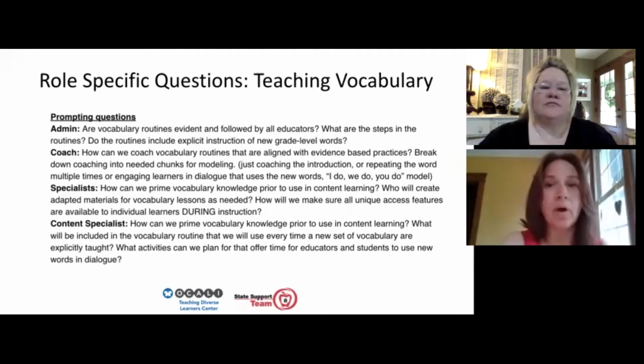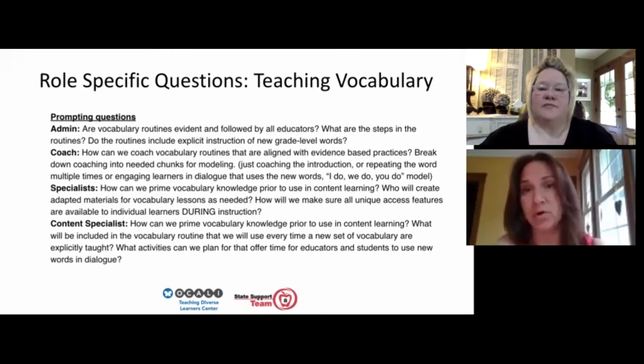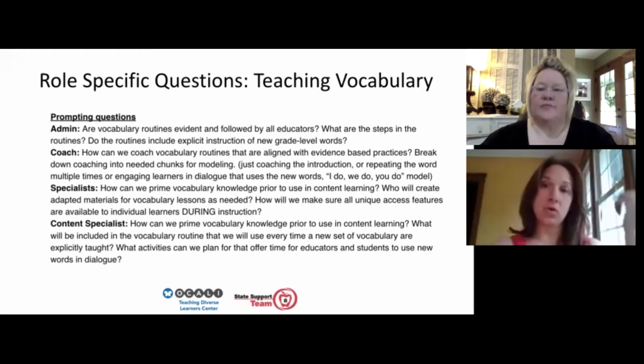Also, what are your steps to creating these routines? Do the routines include explicit instruction of new grade level words? Remember, we're initially looking at standards in order to choose our words. And now it's within the routine, is explicit instruction really in there?